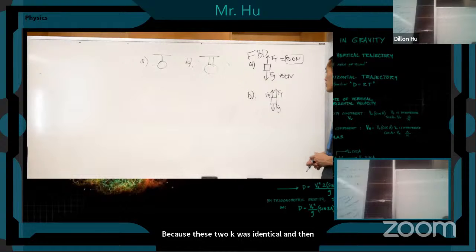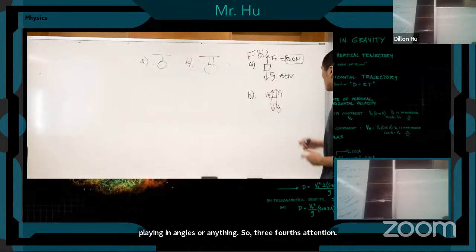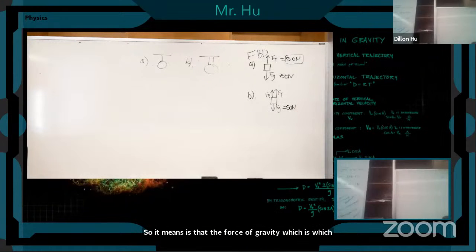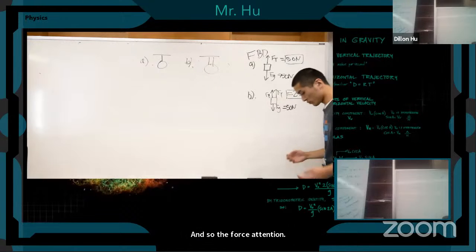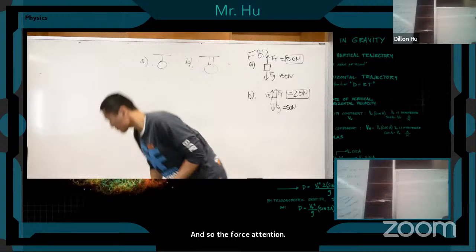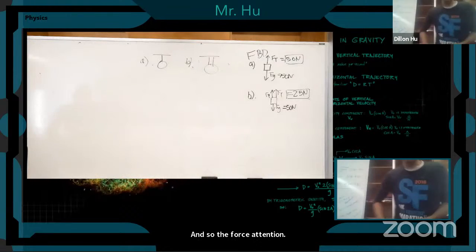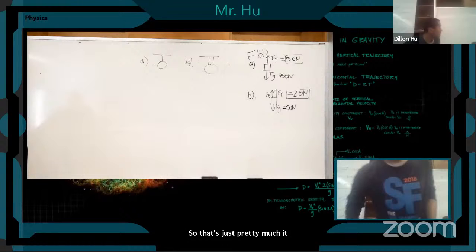So the force of gravity, which is 50 newtons, is going to get split evenly between each one of these cables. And so the force of tension in any one of these cables is going to be 25. That's pretty much it, nothing crazy.